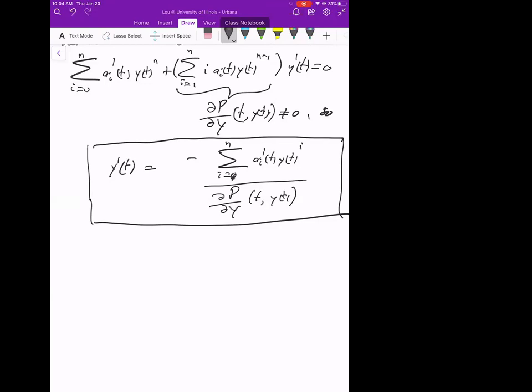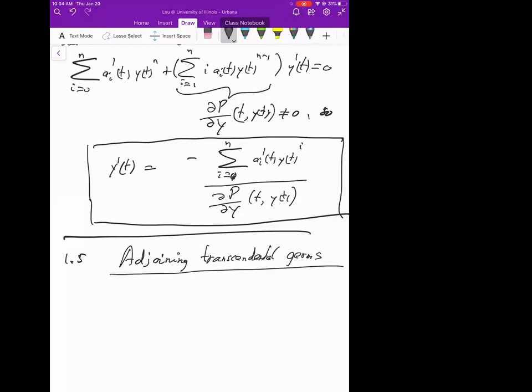Adjoining transcendental germs. Lemma. Yeah, so this is a nice lemma.